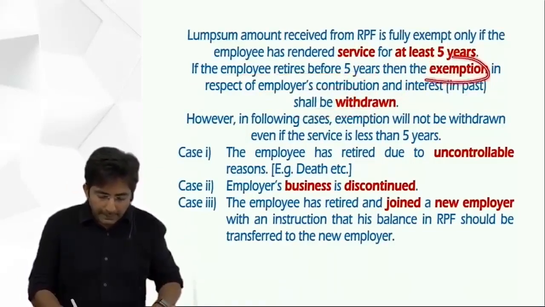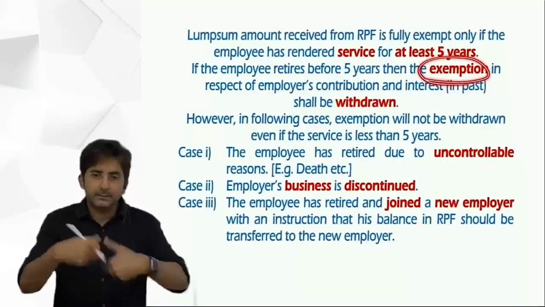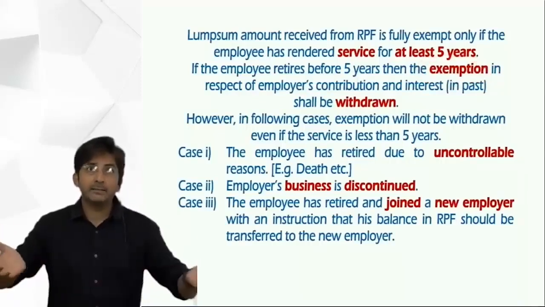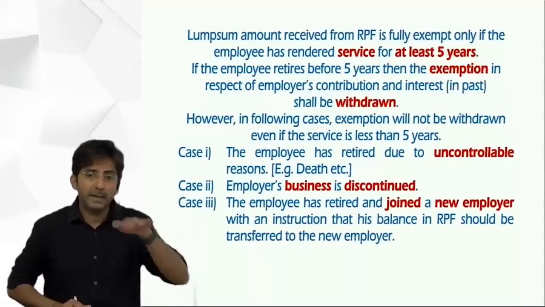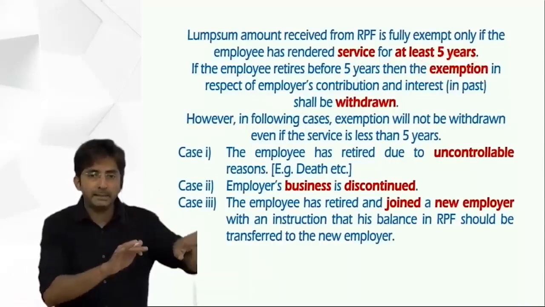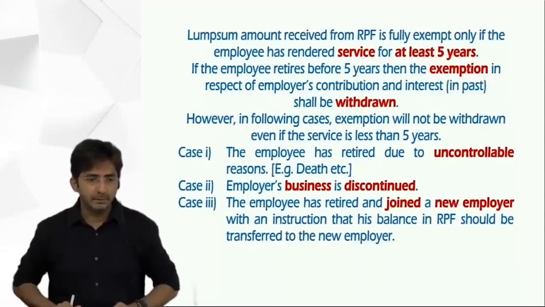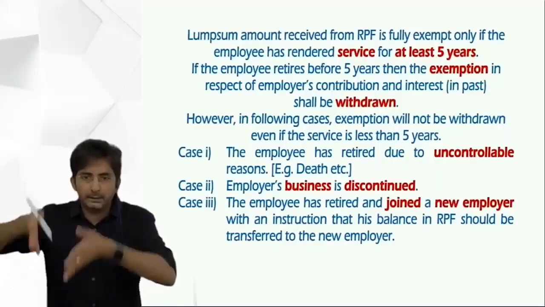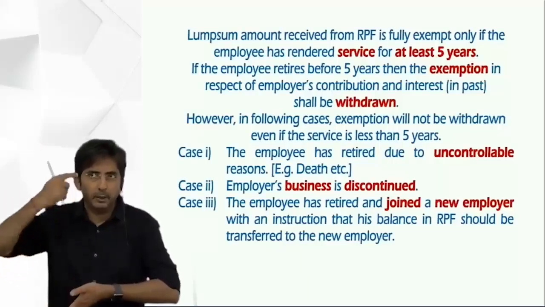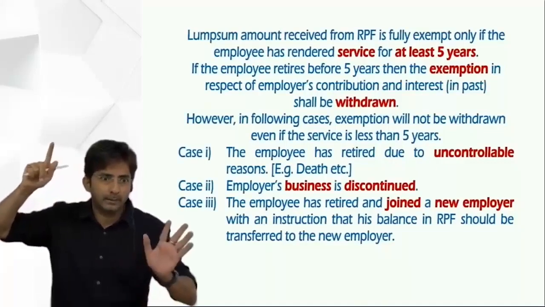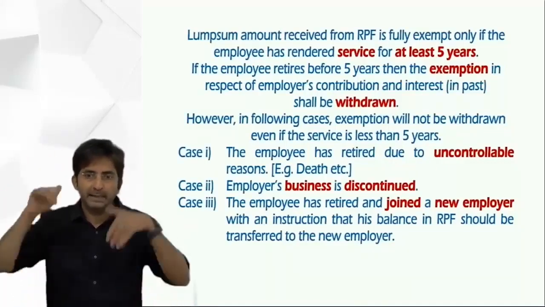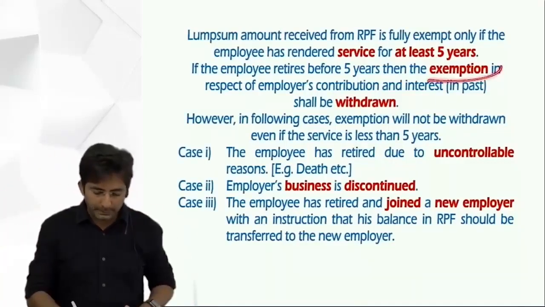And when we say exemption withdrawn means exemption is reversed. When you get exemption, you are allowed to minus. But now that minus thing will become plus. But it will be plus in that 4th year statement. I am just continuing my example of 3 years he left. Okay. So in 4th year, it will be added in your income. So that's called exemption is withdrawn.